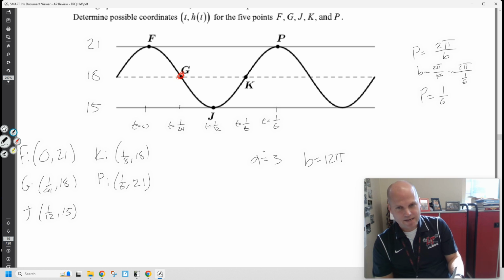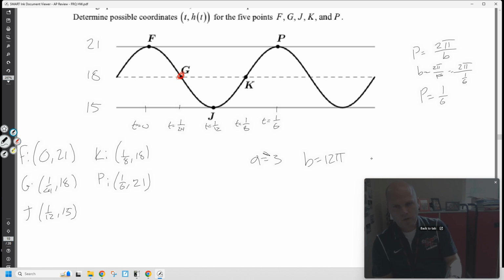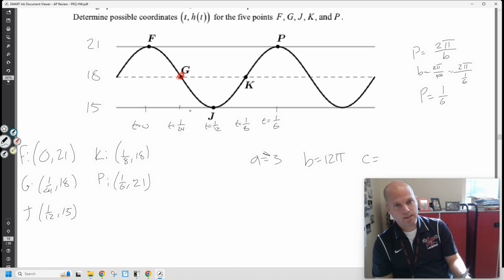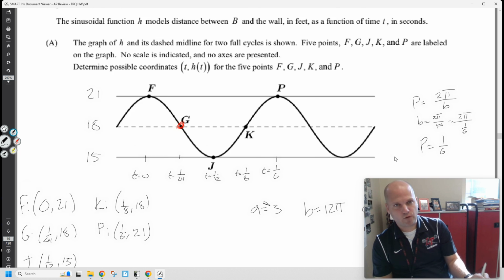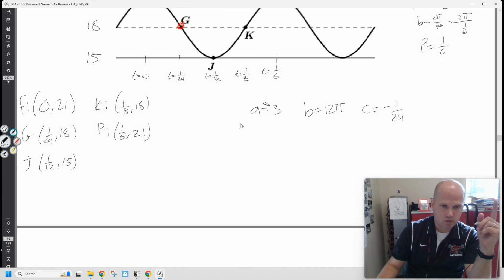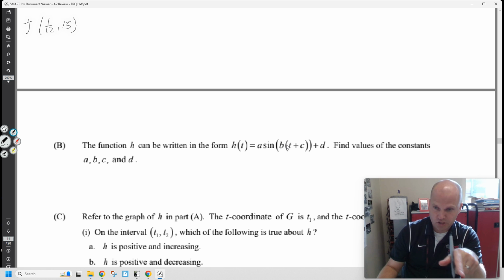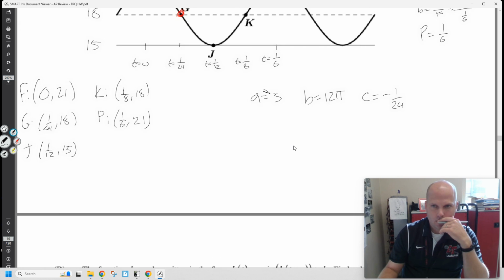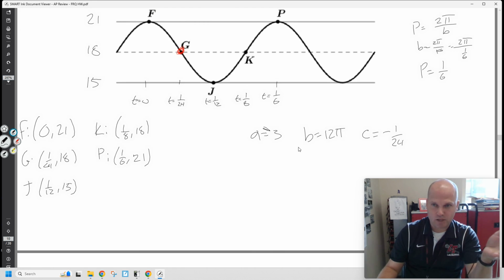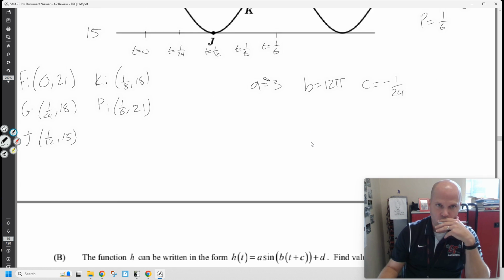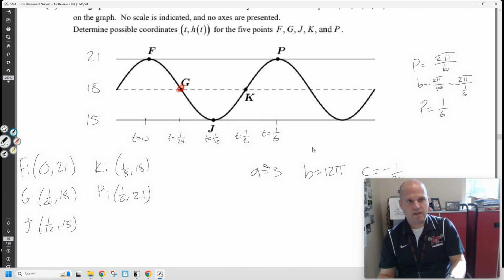I'm going to make it negative so that we flip things and we go down first. For C, take our parent function and shift it to the right 1/24. C is going to be minus 1/24. Careful, make sure you're paying attention to whether it's plus C or minus C. Since it's plus C, I need a minus 1/24 to shift my parent function to the right 1/24. And then D is 18.